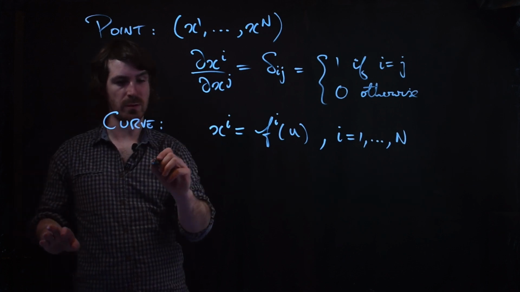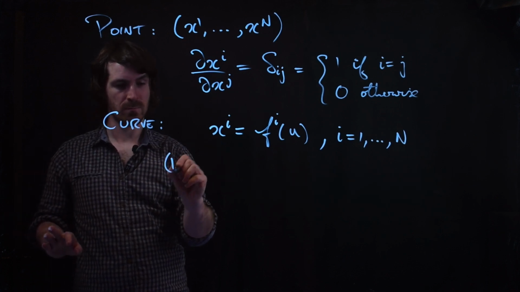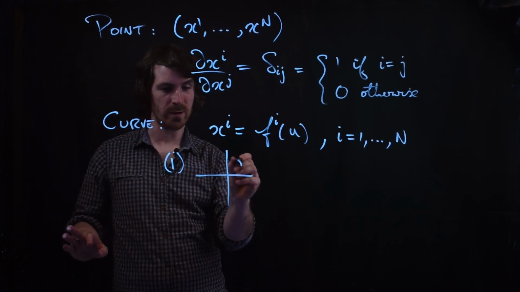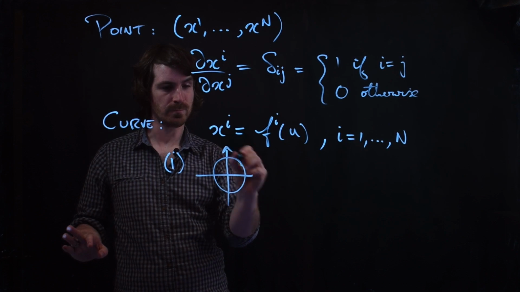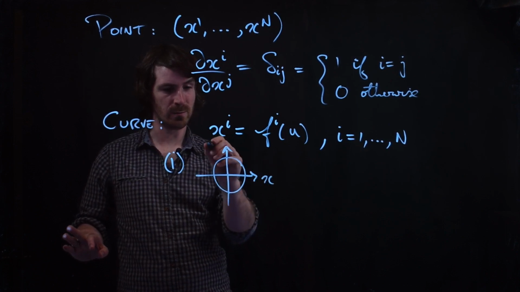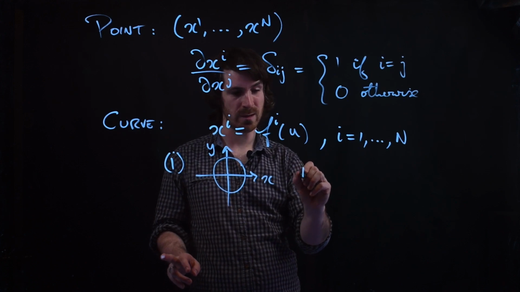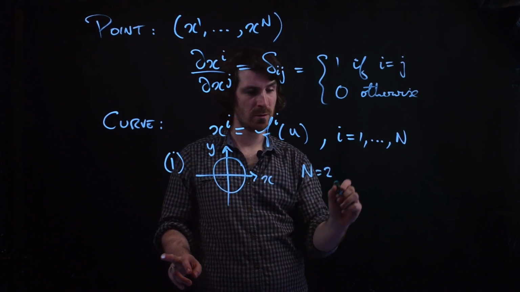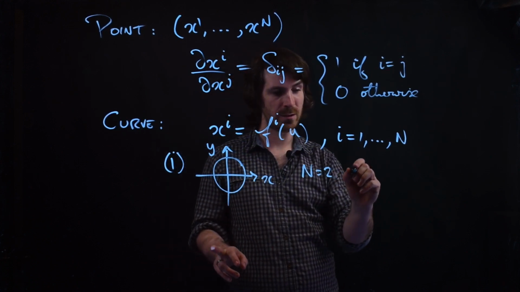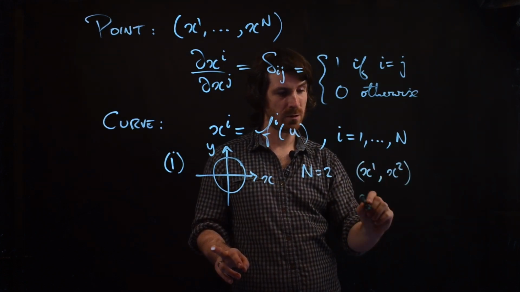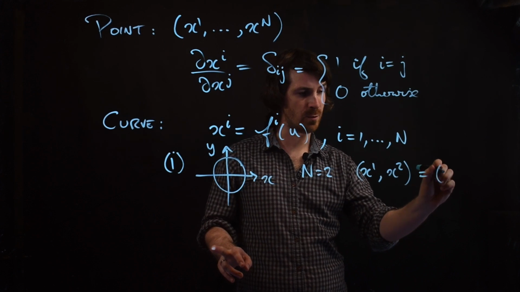Okay, so an example is a circle of radius r. So in our x and y coordinates, our system has n equals 2, so it's two-dimensional, and our x1 and x2 are x and y.